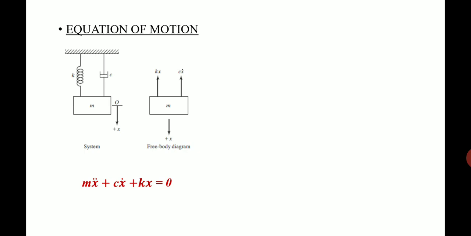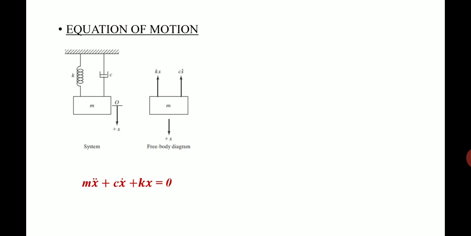Here m x double dot is the inertia force acting upward, kx is the spring force acting upward, and c x dot is the damping force, also acting upward. So this is the equation of motion for a free damped vibration system, single degree of freedom.